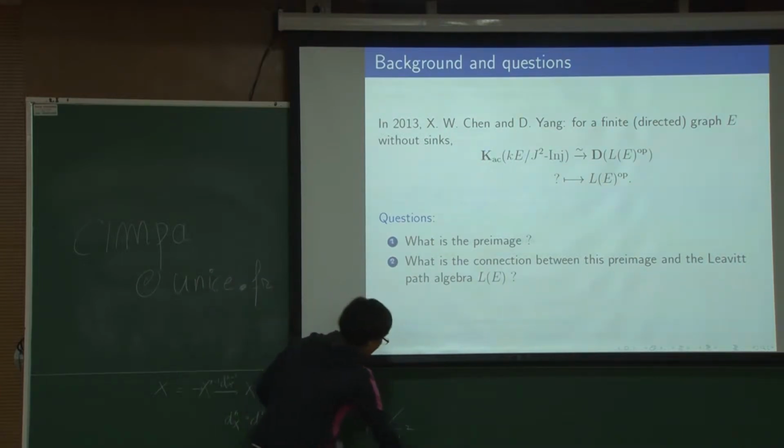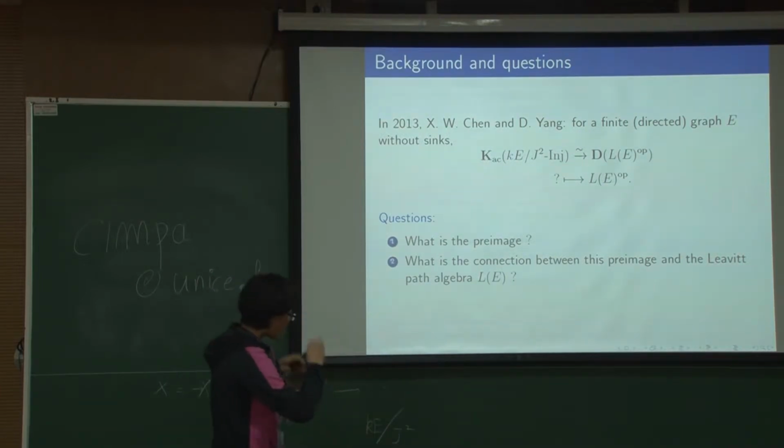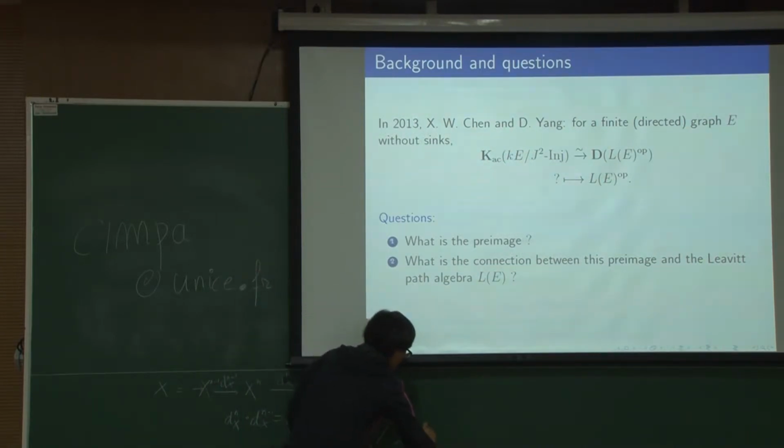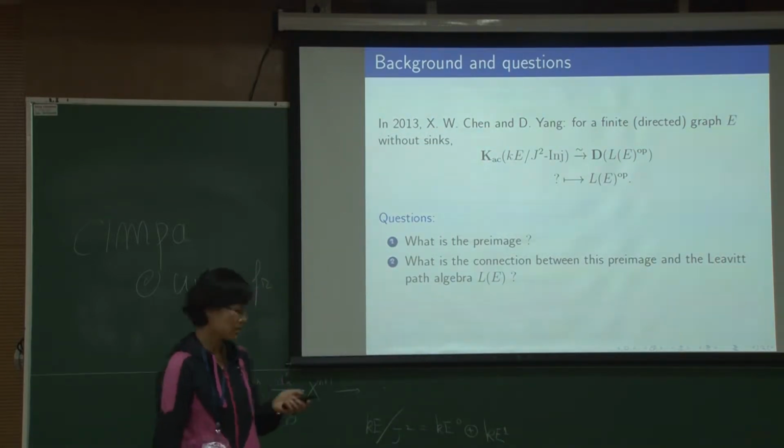So this cosine algebra, in fact, is a finite dimensional algebra. As a vector space, it is the direct sum of KE_1 and KE_0.